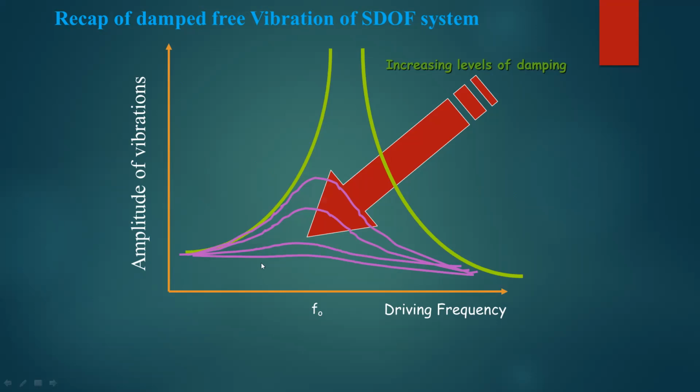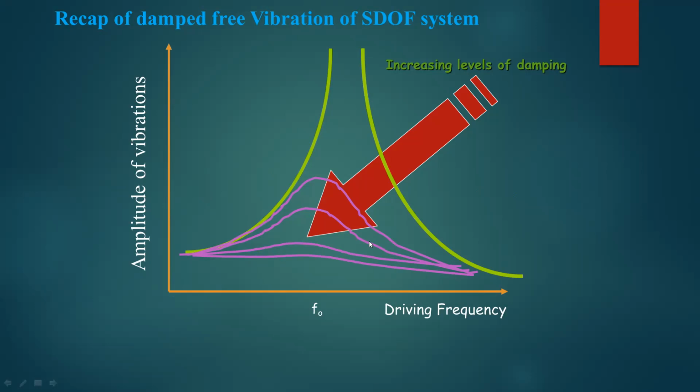This is the amplitude of motion. We have tried to see the free vibration condition, that is when zeta is equal to 0.